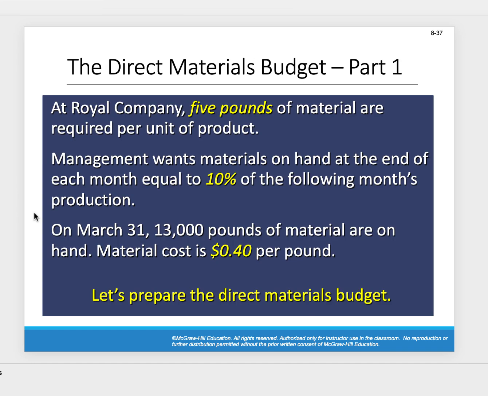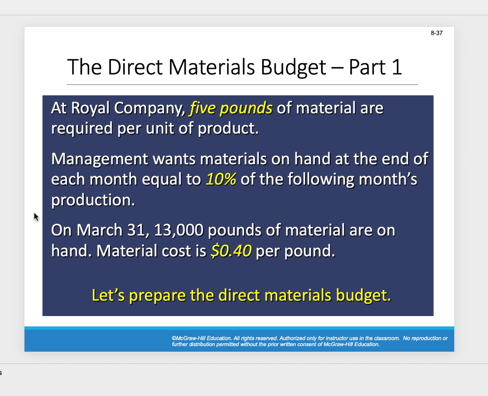Now, they're going to give us some information, right? They're always going to tell us some specifications of the project and how much material we need. They're always going to tell us, by the way, at the end of the month, we want to have X amount of the following month's inventory needs. Okay, cool. They're going to give us a price on how much the material costs.